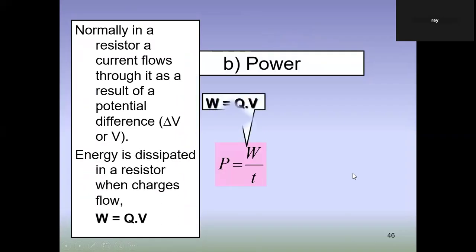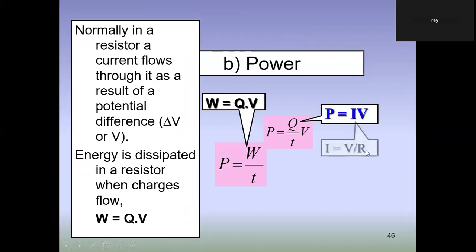We're just deriving all the formulas that you need to remember if you can, or derive. This one we just derived for you. P is IV. Memorize this one and memorize the resistance formula, and then you can derive the others.